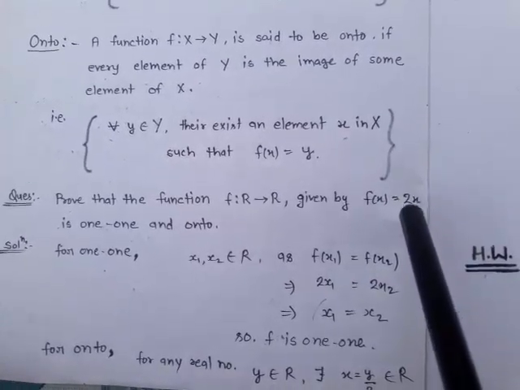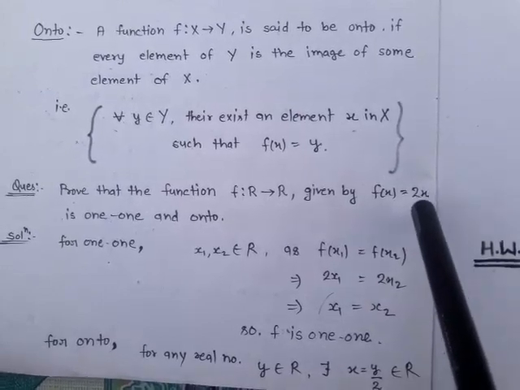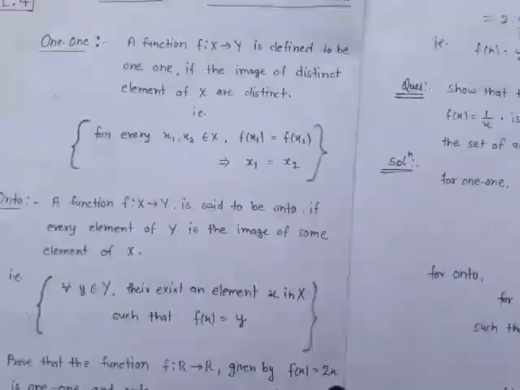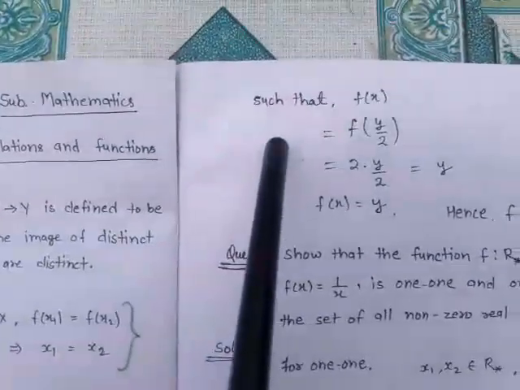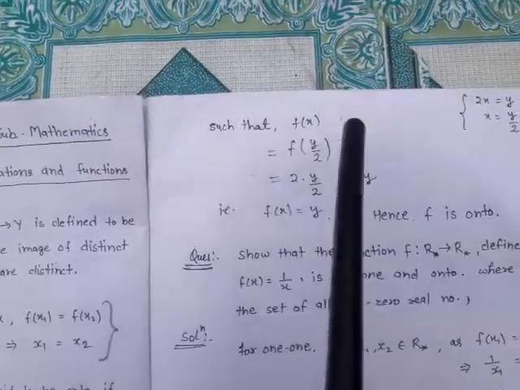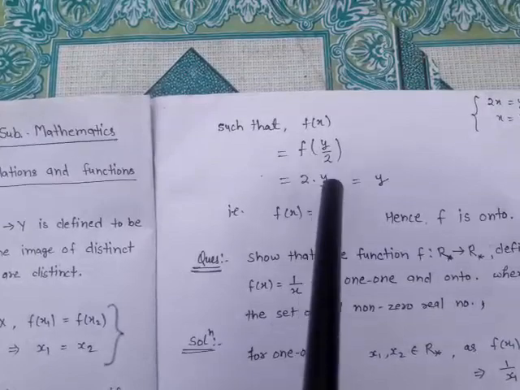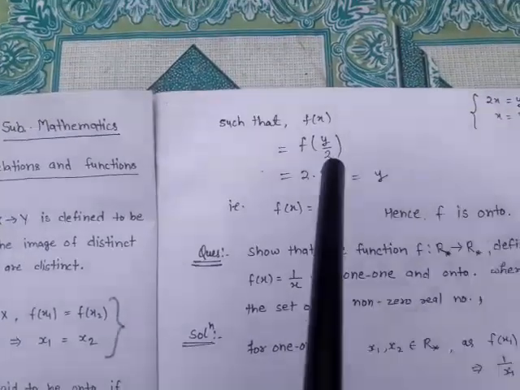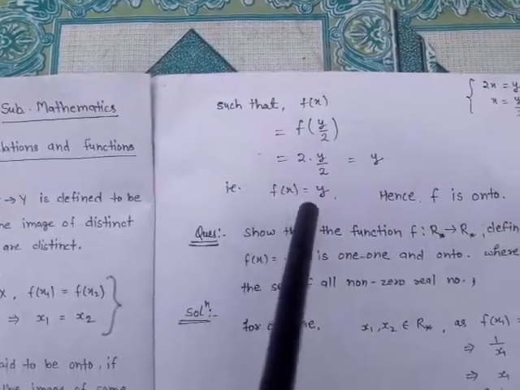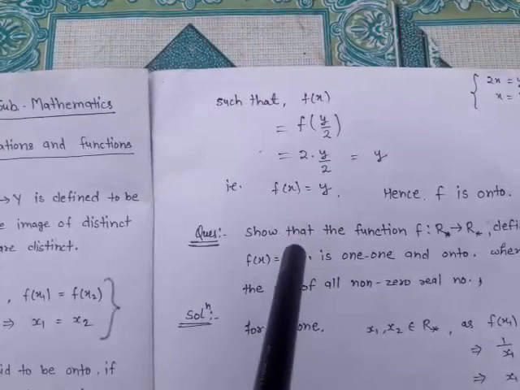Here 2 is multiplied, so transposing we divide, x = y/2, which belongs to R. Now the condition is f(x). We get x = y/2, in place of x we put y/2, f(y/2) = 2 × y/2, the 2 cancels, we get y. Now we get f(x) = y, hence f is onto. This is the format of onto.